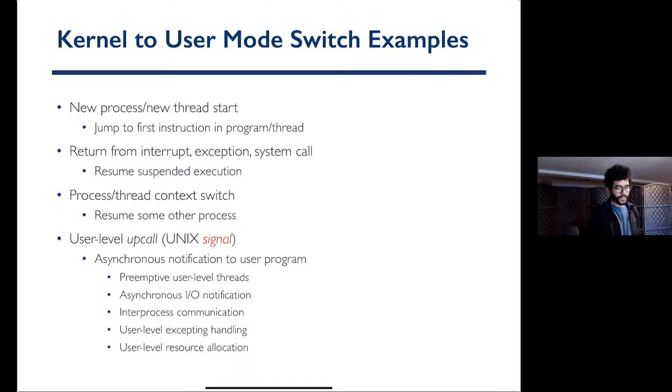The other one that we talked about is signals, right? When you get a signal, the signal is handled in operating system, and then operating system looks and sees if, for example, the process has a signal handler. And if it does, then it switches back to the signal handler and runs that. And that's a kernel to user mode switch.